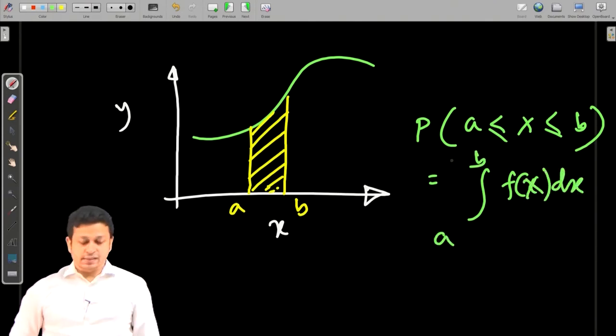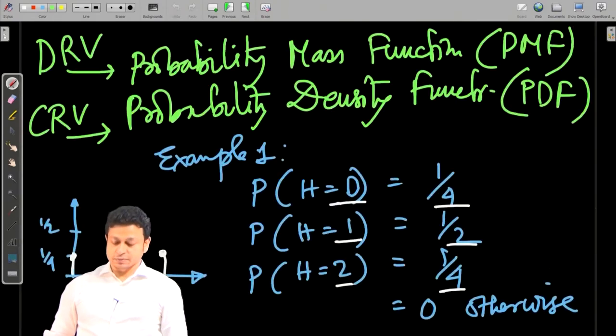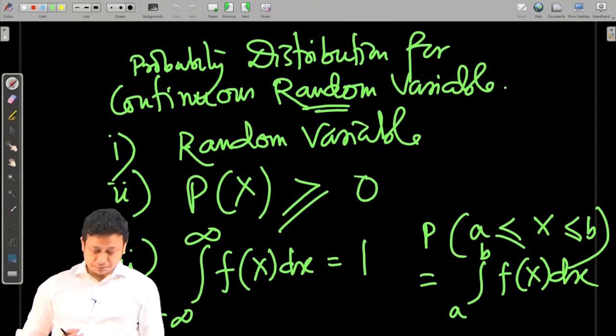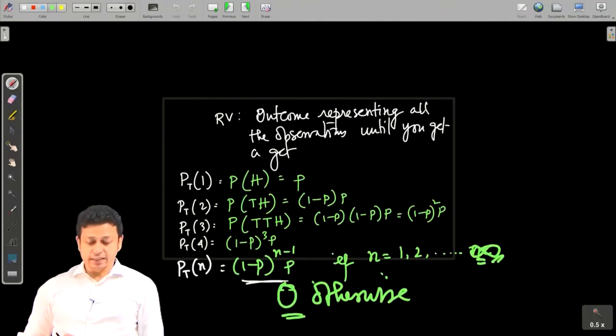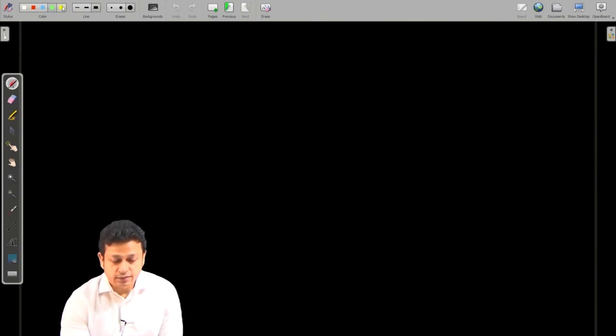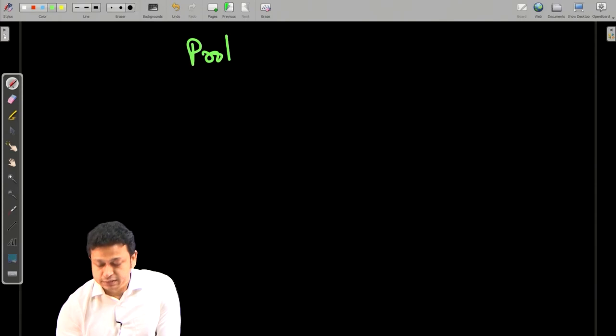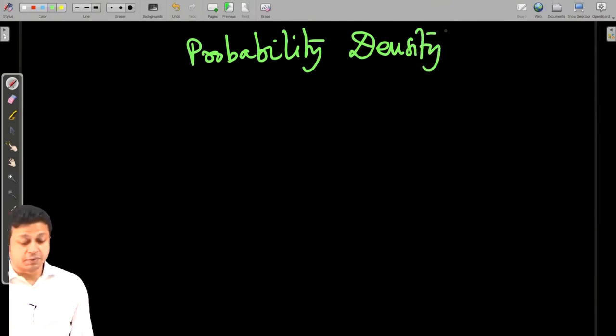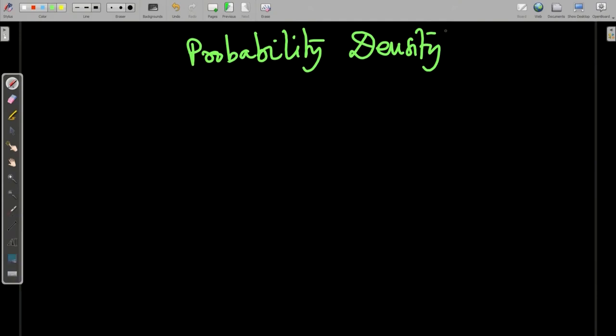We have already said that when we explained the concept of probability distribution for a continuous random variable, but here we have to first understand the idea of probability density. What is a probability density and how is it different from the concept of mass, let us say, okay.